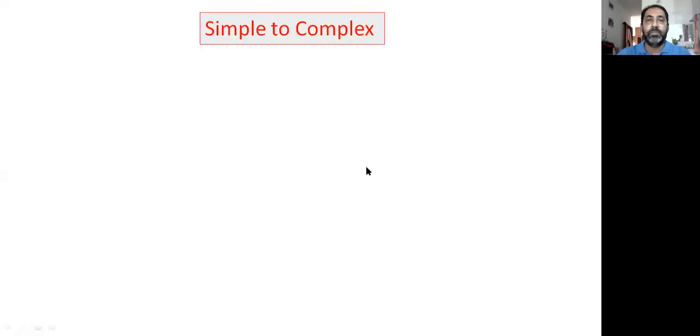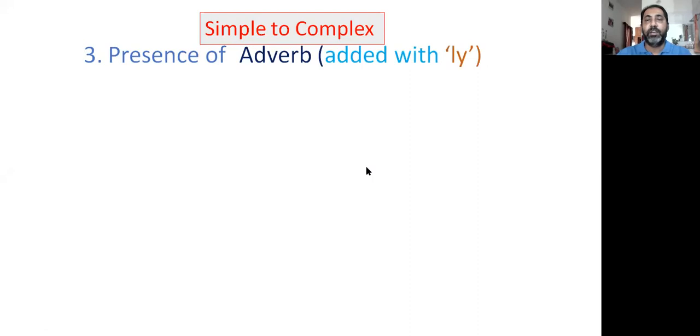Dear learners, now you are going to see another format. If you see any adverb ending with ly, then you can transform the adverb into an adjective by removing ly and use it to form a subordinate clause. Now look at the screen and you will understand it. The presence of an adverb ending with ly.